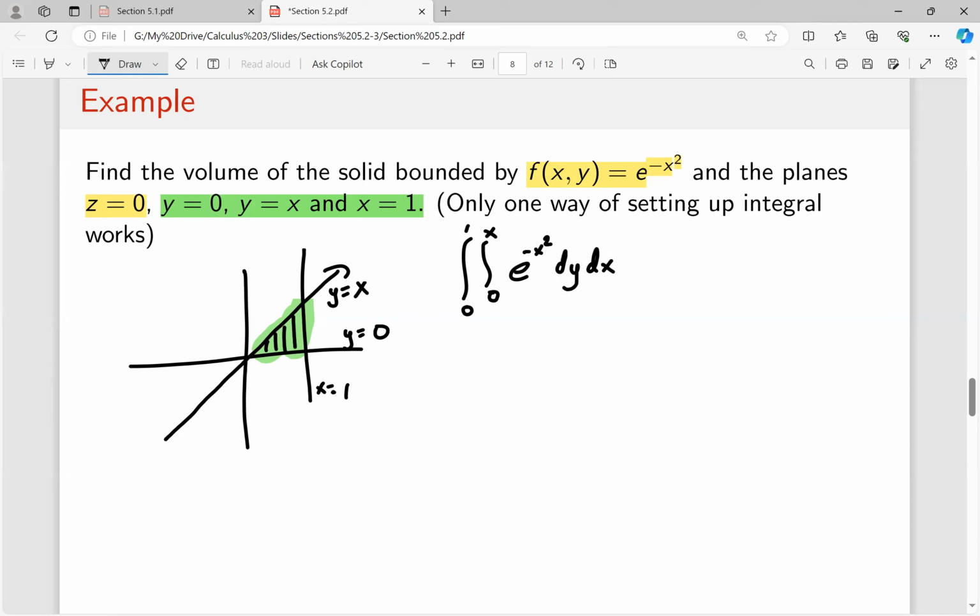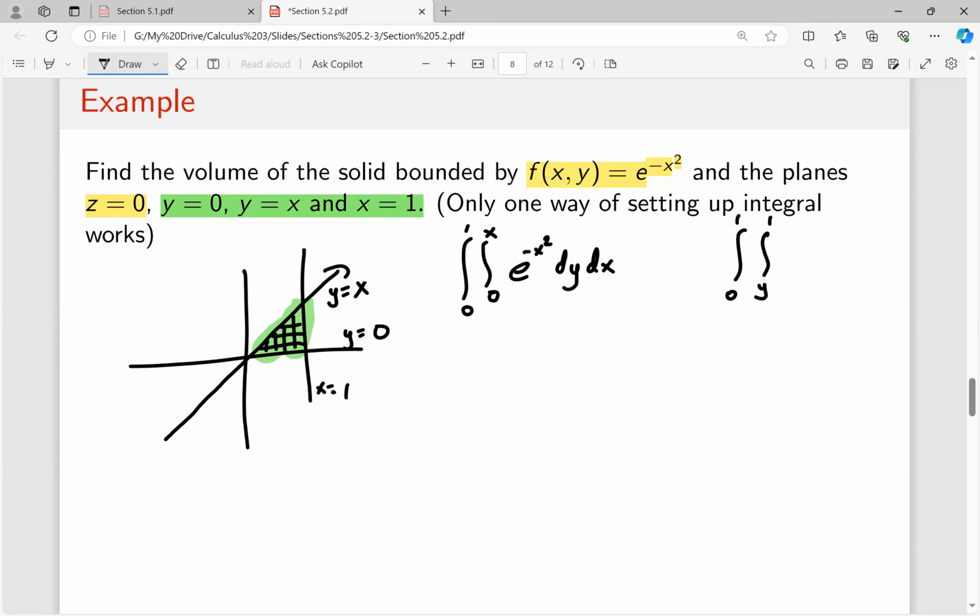The other one, if I did horizontal stripes, then I'm going between x equals y and x equals 1. So my inner integral is from x equals y to x equals 1, and then from y equals 0 to 1.